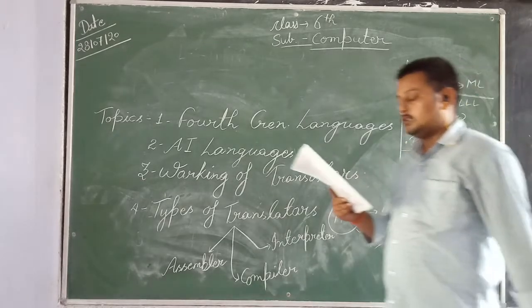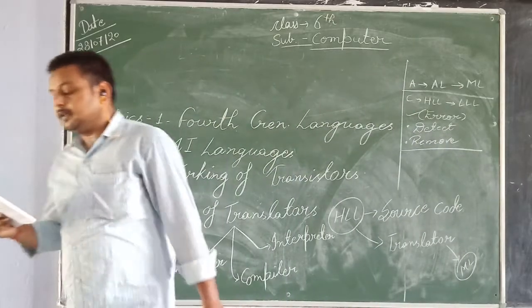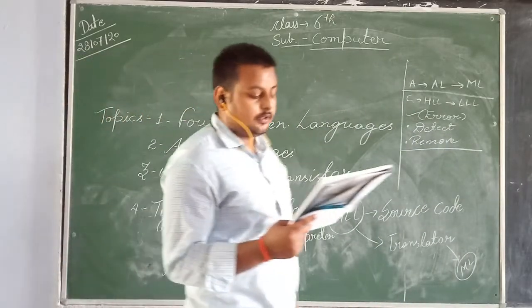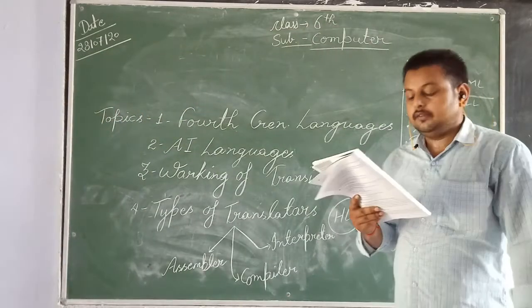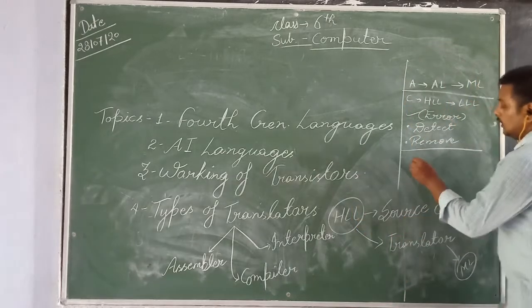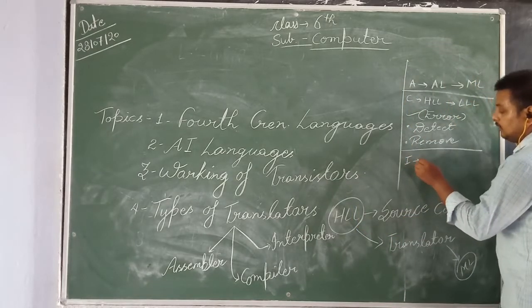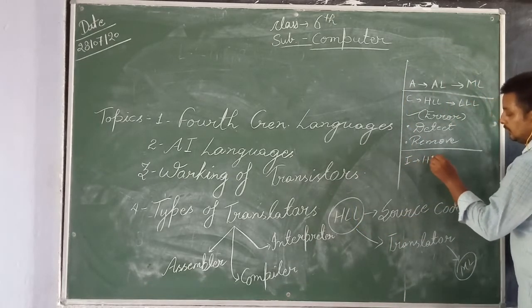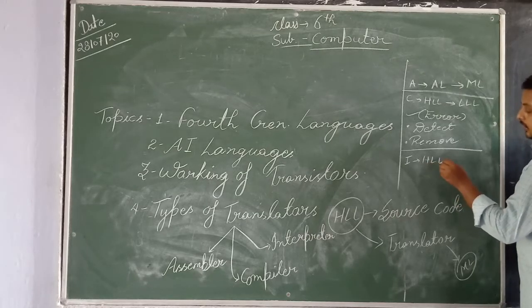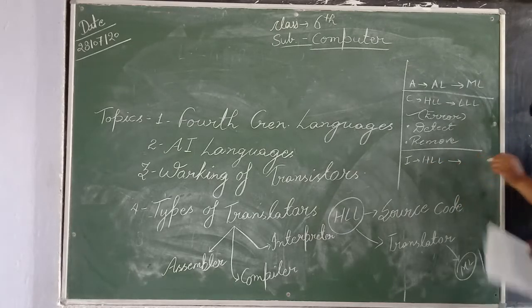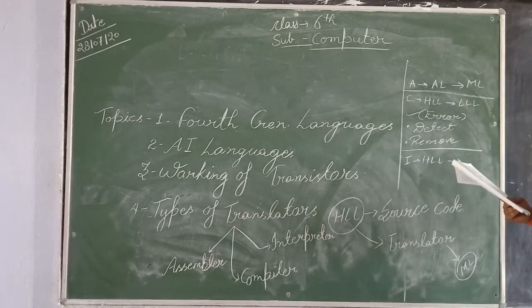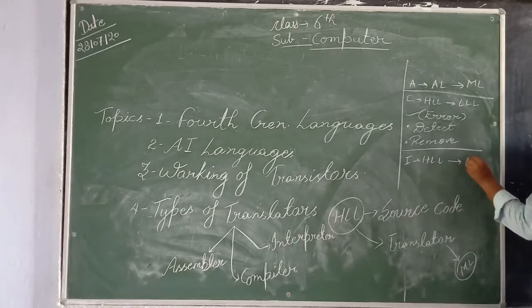And the last one is the interpreter. An interpreter is a translator that translates a program written in a high level language into machine language. The interpreter's work is to change HLL, high level language, to machine language ML.